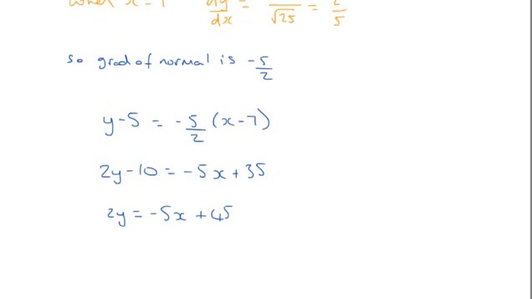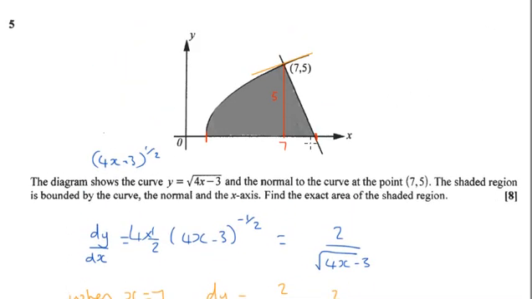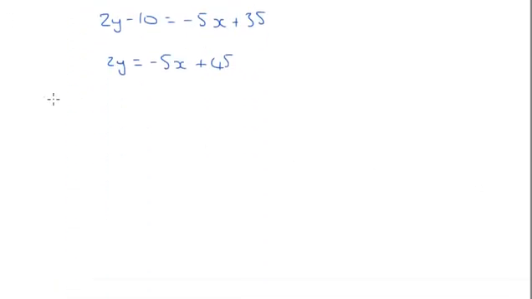The reason we don't need to worry about the 2 is because what we're now going to do is look at this point, which is when y equals 0. So when y is equal to 0, we can get the x coordinate. So we're going to have 0 on the left equals minus 5x plus 45.